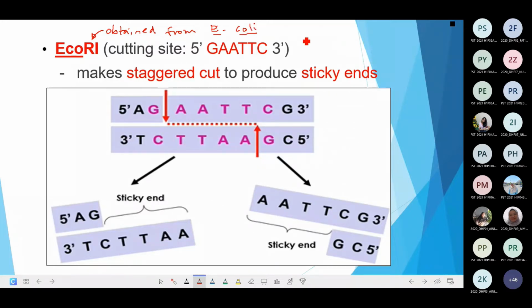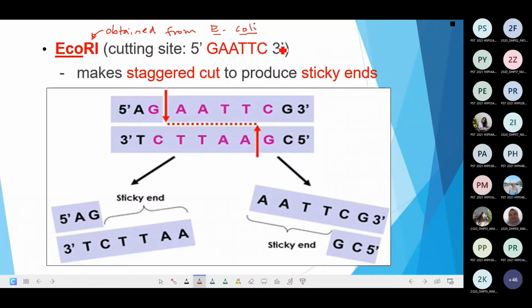This EcoR1 will cut the DNA whenever this enzyme recognizes a particular palindromic sequence, and the sequence will be GAA-TTC. You must remember this sequence, special for the EcoR1. GAA-TTC, if we read it from the 5' end to the 3' end direction.